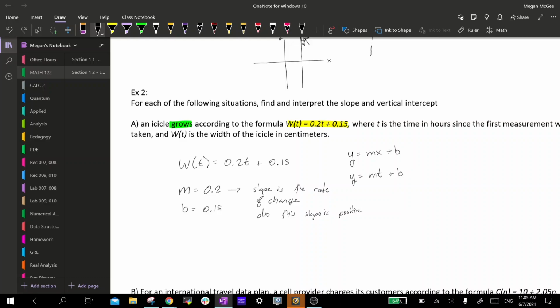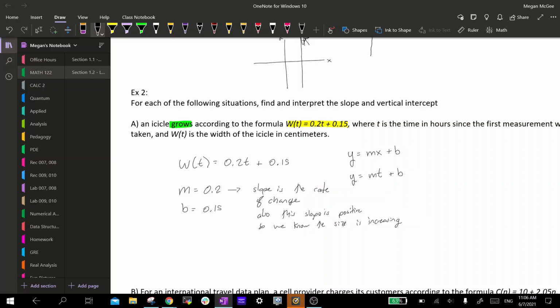So the slope is the rate of change. Also, our slope is positive, so we know something is increasing. So we know the size is increasing. How fast is it increasing? Is 0.2 a large number or a small number? Well, it does matter what you're talking about, but generally speaking, 0.2 seems like a fairly small number.